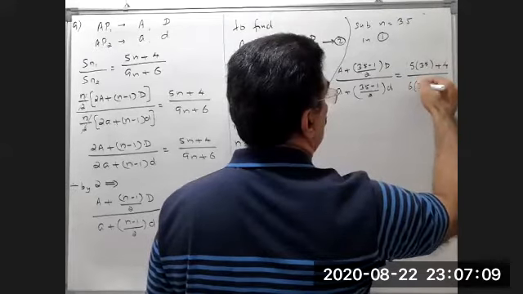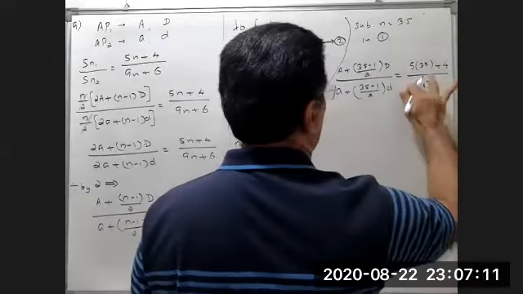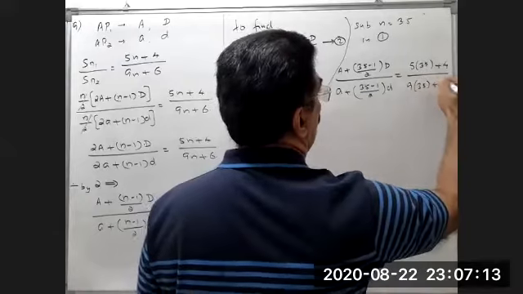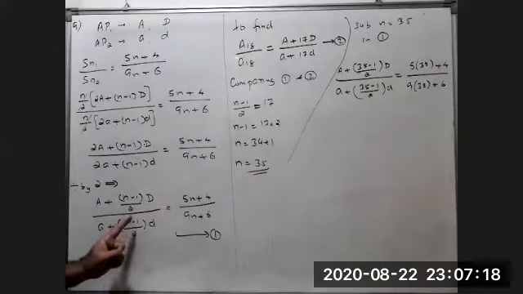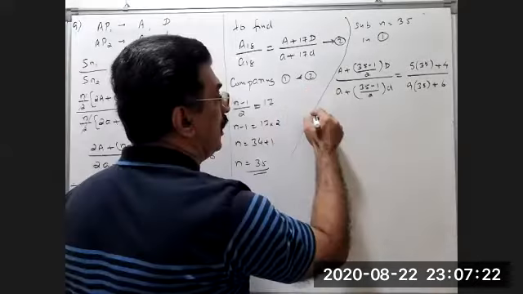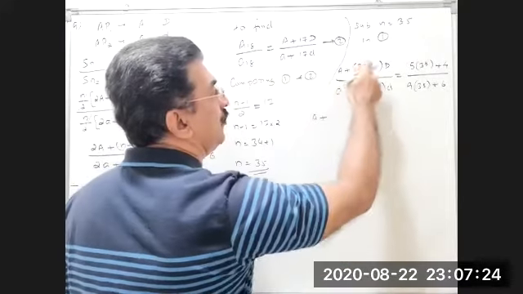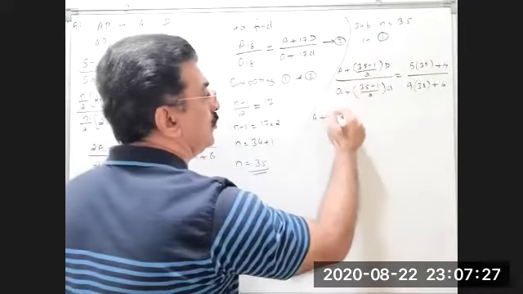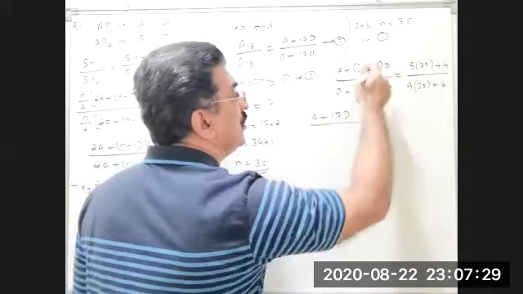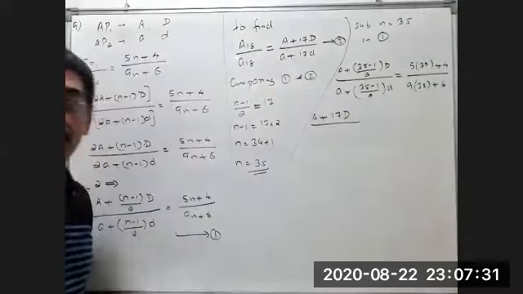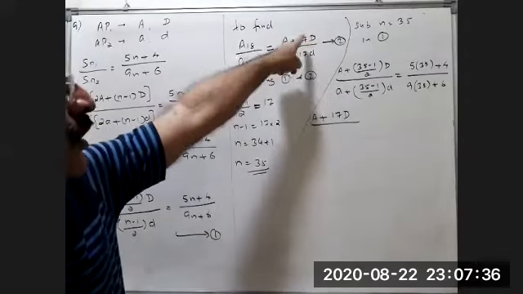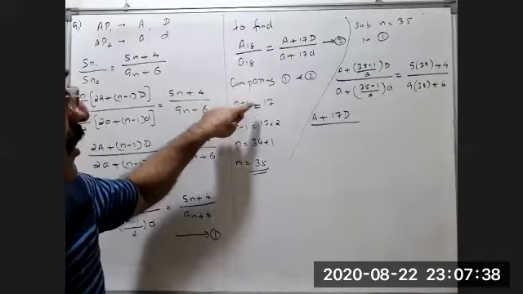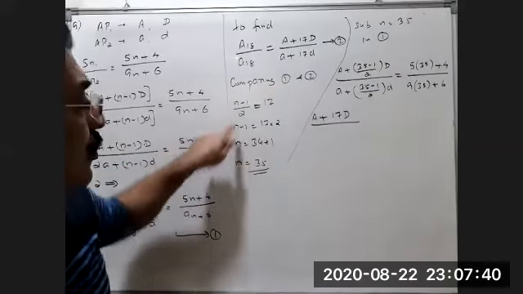9 into 35 plus 6. We substitute n as 35 in this equation number 1. So what happened? If n is 35, 35 minus 1, 34 by 2 becomes 17d, which is our required thing. So to get our required 17d, comparing 1 and 2, we found the value of n.